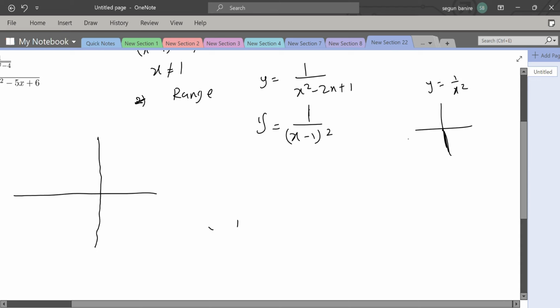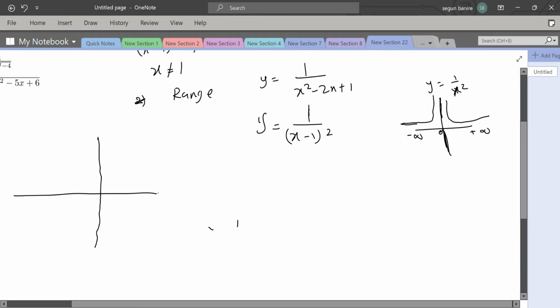So this one is like this. When you are approaching 0, your y here will be positive because of the square. So it will go like this and then like this. It approaches 0, but it will never get to 0. So your graph will always approach 0.